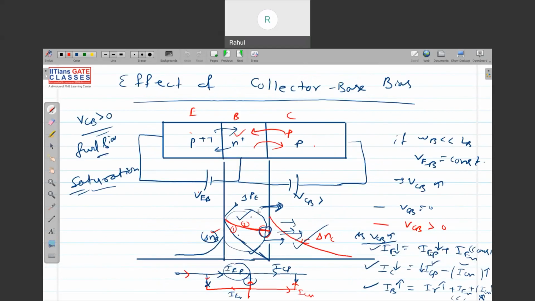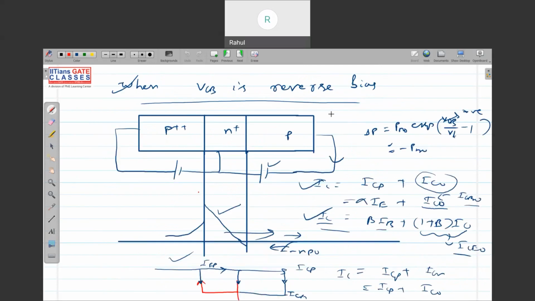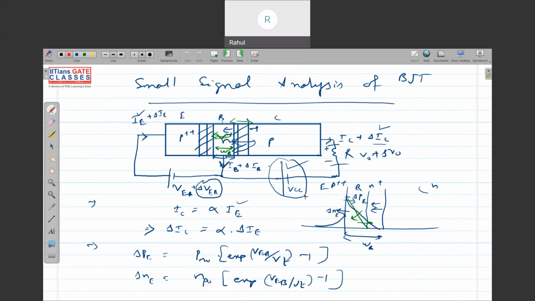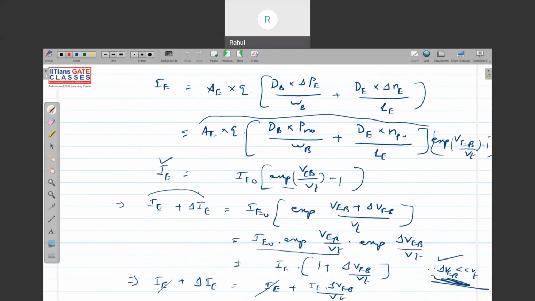Then we saw the effect of collector bias. If the collector junction is forward bias, it destroys your transistor action; when it is reverse bias, it is helpful for transistor action. We saw both. Then we saw small signal analysis, where we change the emitter bias junction by a small amount and see how the collector current changes.